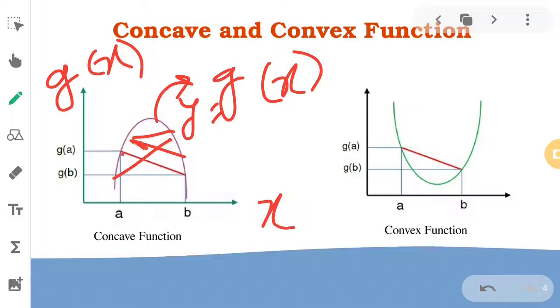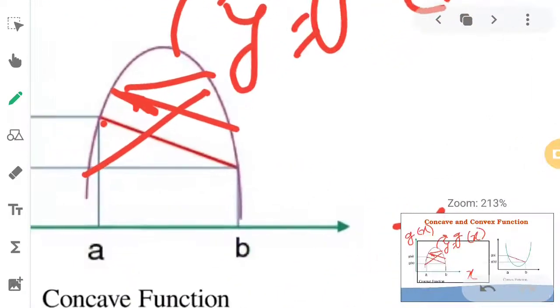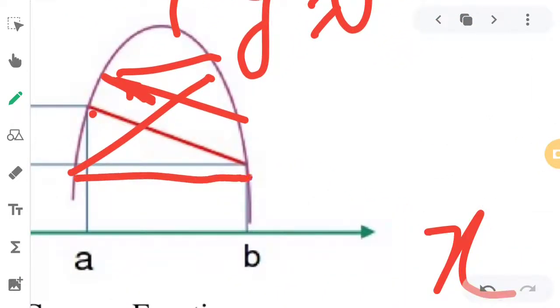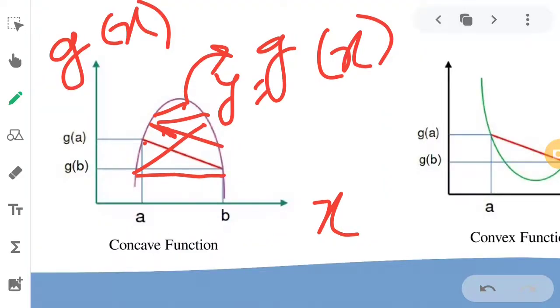For any straight line, if we join 2 points on the curve, then the straight line will always be below the curve. This is a concave function.